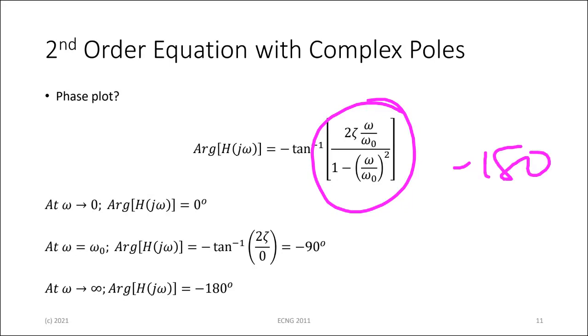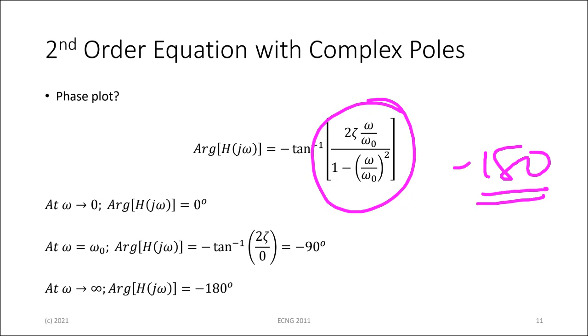And when omega is equal to omega 0, we're going to have a 1 over 0, which is infinity, but it is minus the tan of that, which is minus 90. So the plot basically starts from 0 and it transitions to minus 180.